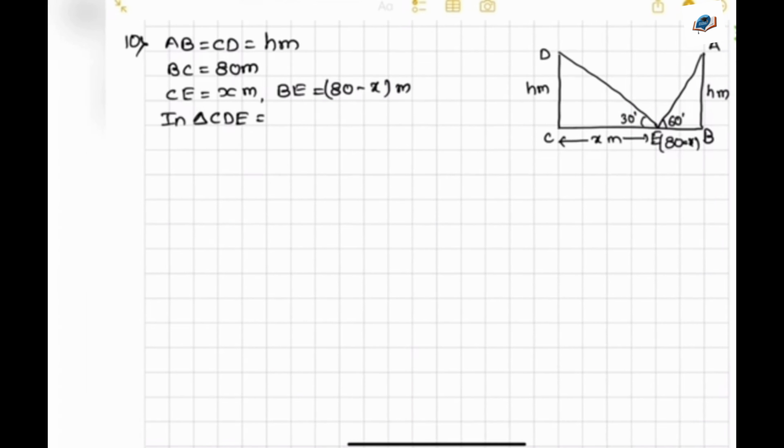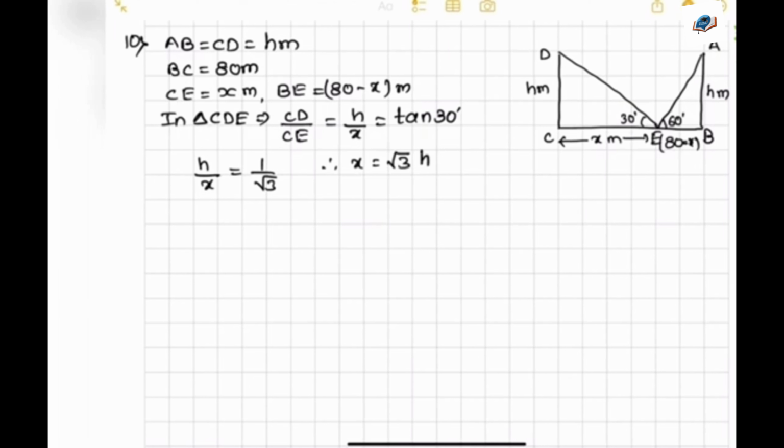Now in triangle CDE, CD upon CE equal to H upon X, which is equal to tan 30. So I can say H upon X equal to 1 by root 3.